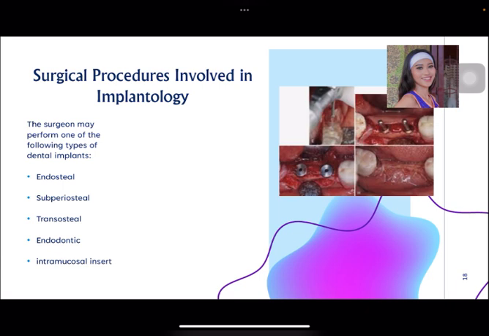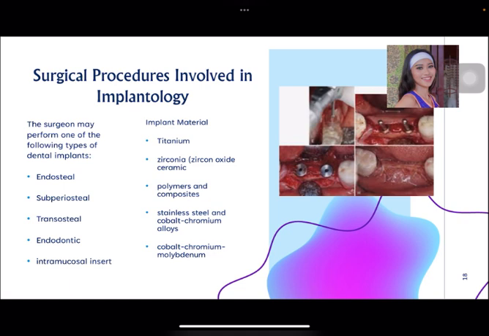So therefore, the most likely types of dental implants that a surgeon may prefer are endosteal, subperiosteal, and transosteal implants, depending on the patient's specific dental and anatomic needs.